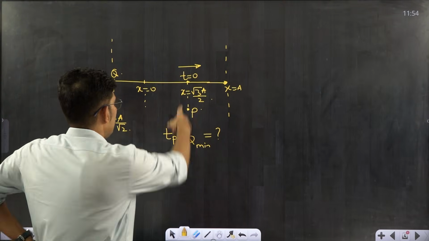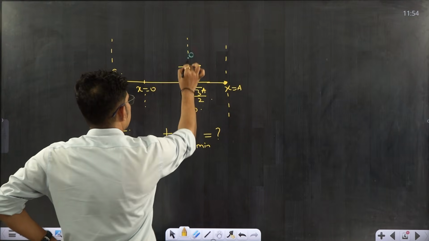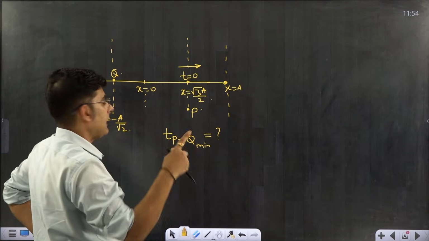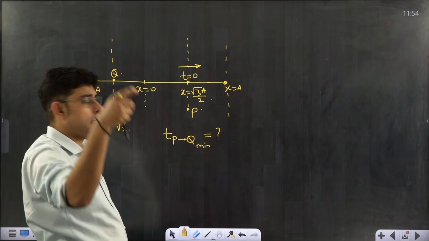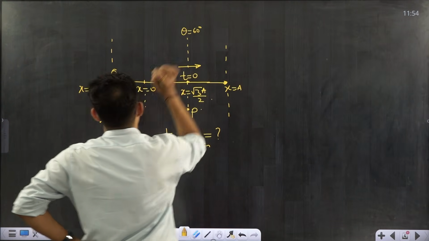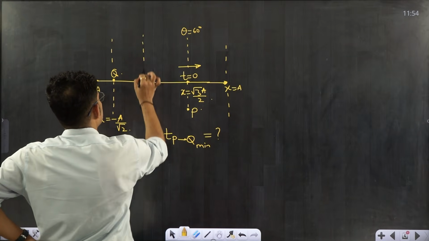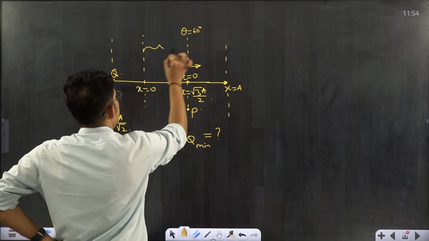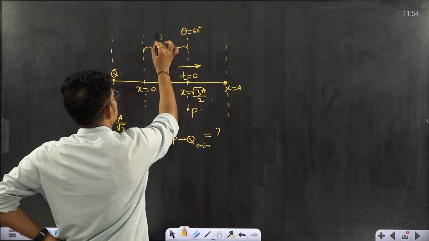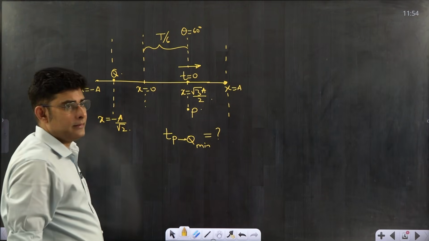Now root 3a by 2, orally you can say, divide by a, sin theta is equal to root 3 by 2. Root 3 by 2 means theta is equal to how much? 60 degrees. So from here to here, what is the time? Theta by 360. So 60 by 360, T by 6.